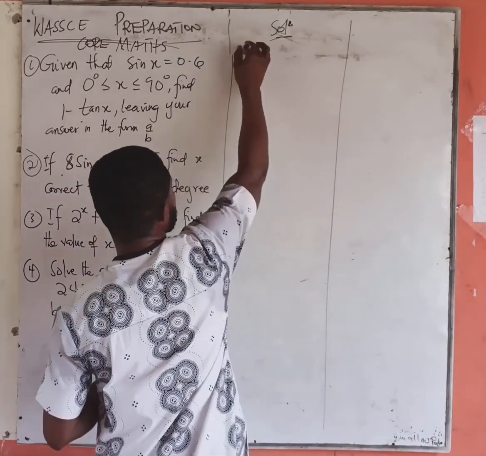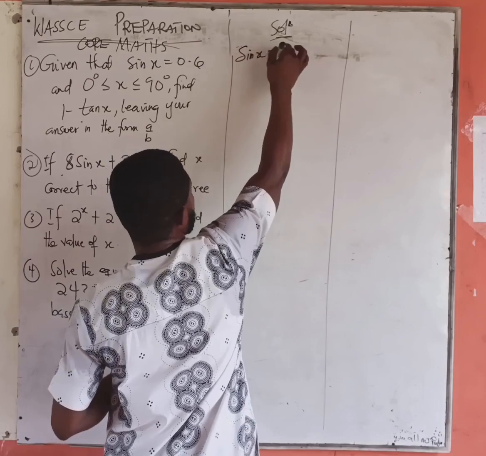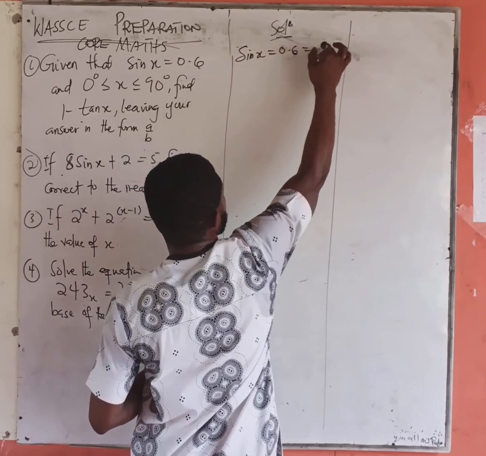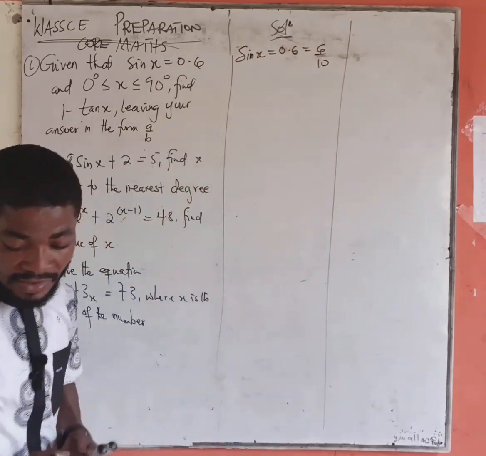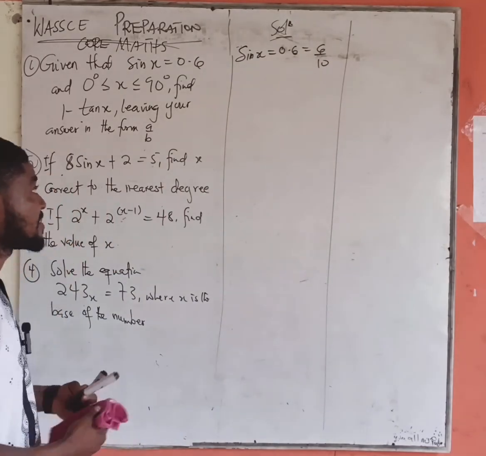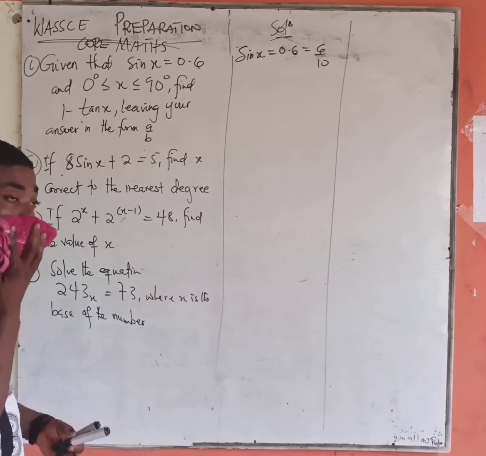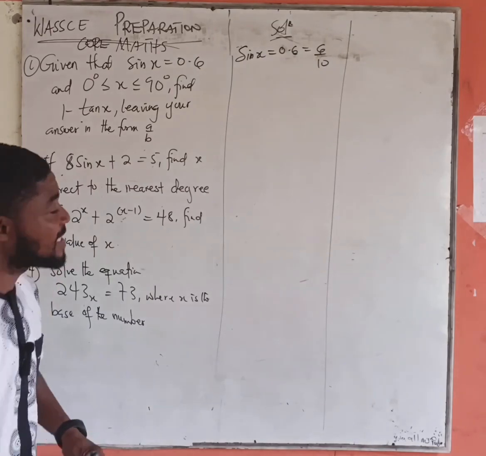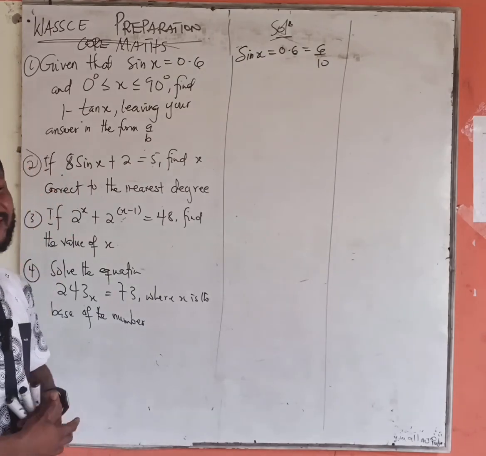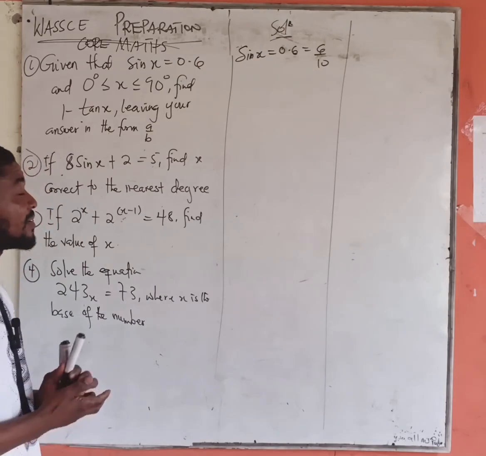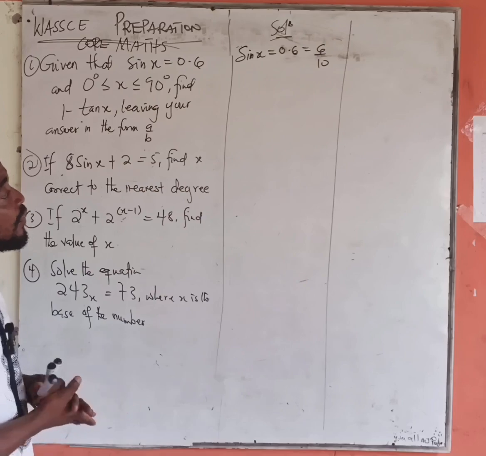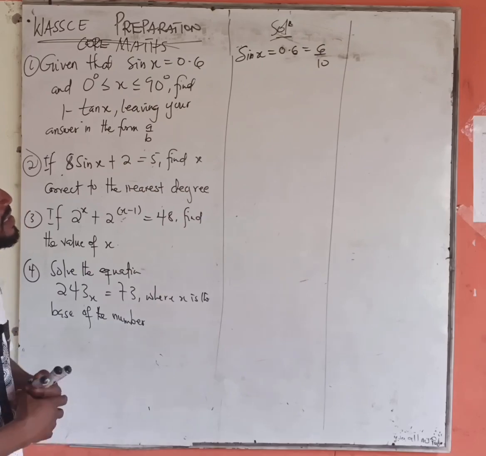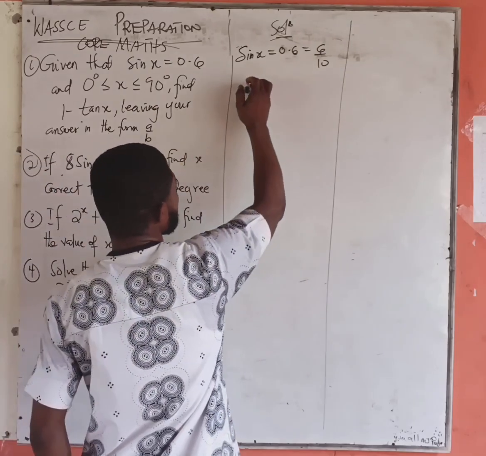So I can say sine x is equal to 0.6, which is the same as 6 over 10. This gives me the idea that the hypotenuse is 10 units, and the opposite is 6 units.